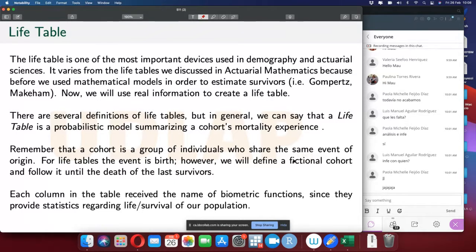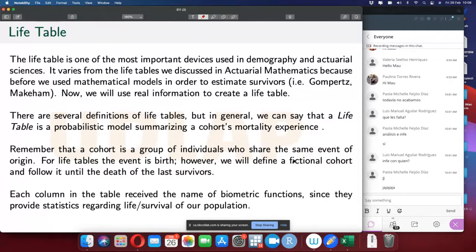But this is a really nice explanation. So it's just a model that is telling me how mortality is affecting this cohort. And remember that we are going to be working with cohorts that are birth cohorts, essentially generations, okay? And again, this is a definition, and we're going to follow this cohort from the moment they are born all the way until the death of the last survivors.